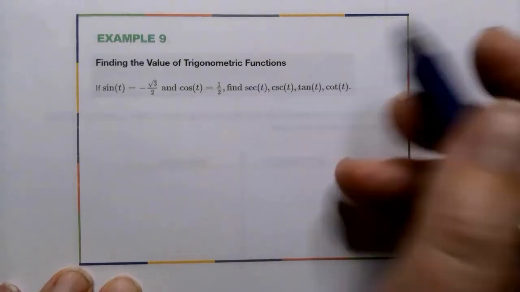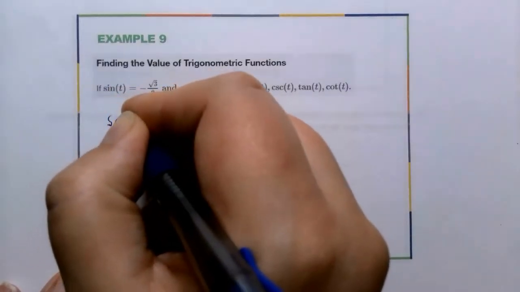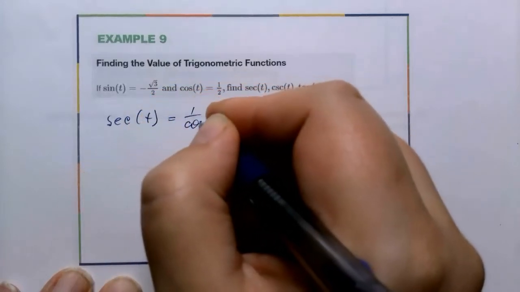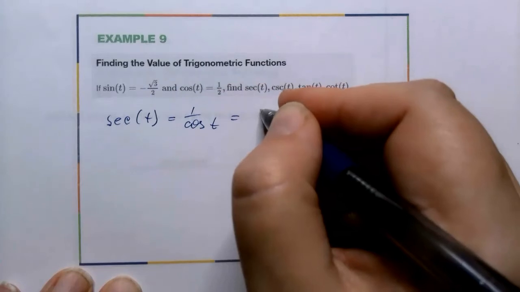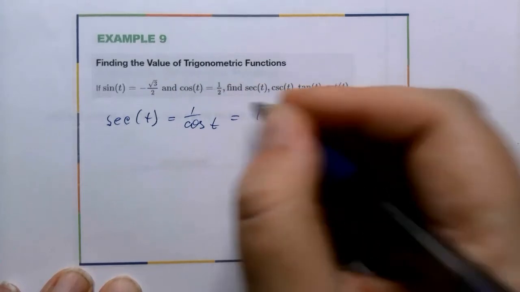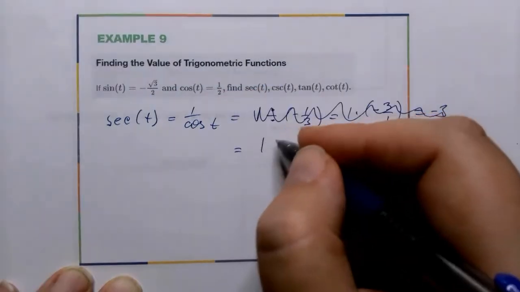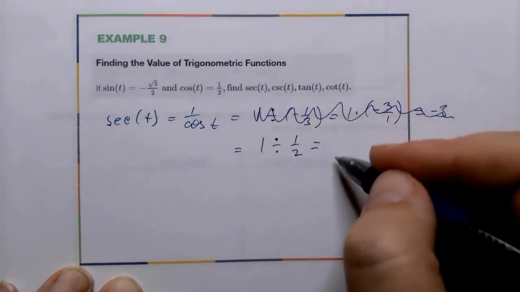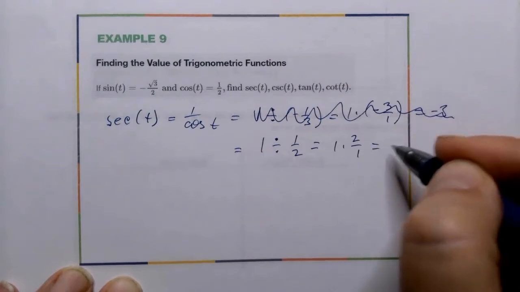So for the secant function, secant is 1 over cosine. So we're going to have 1 divided by the cosine value, 1 divided by 1/2, and 1 times 2 over 1 equals 2.